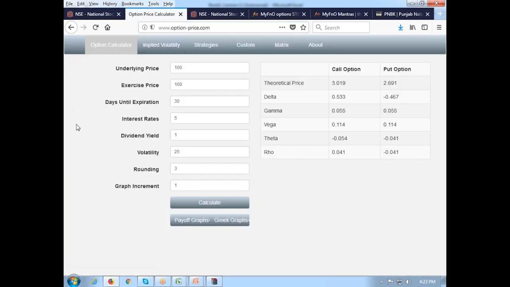This is an option price calculator, wherein, let's say, this is underlying price, this is exercise price, the strike price, this is days till expiry, this is interest rate. Just stay with the flow. This is dividend yield, this is volatility, this is rounding. Underlying वहीं का वहीं है.